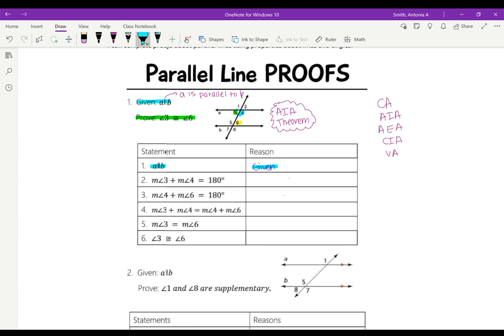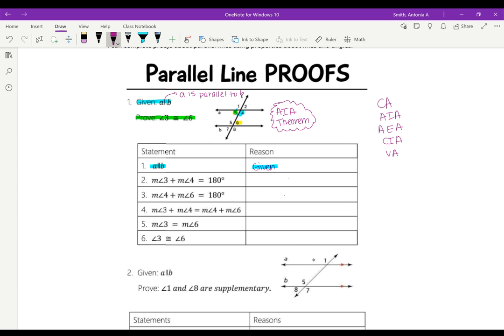Those 2 angles are right next to each other, so they are adjacent angles, and together they form a straight line. Any angles that are adjacent and form a straight line we call a linear pair.